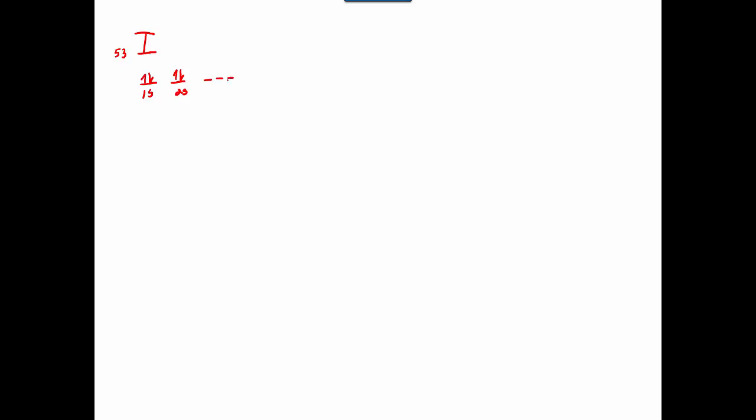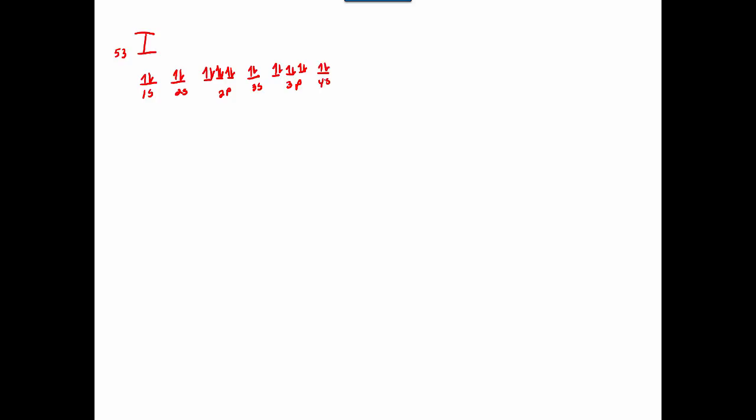And then we have 6 electrons in our 2p. And then we have 2 electrons in the 3s. And 6 electrons in the 3p. I should have made this bigger. We have 2 electrons in the 4s.